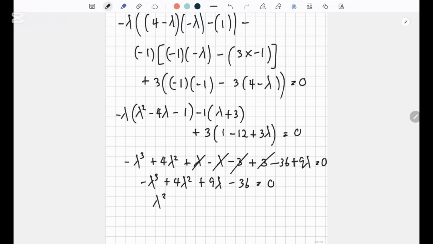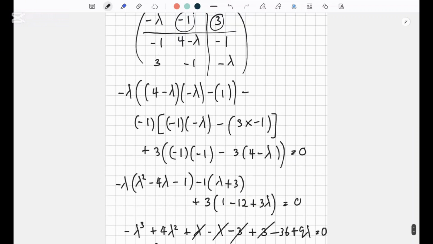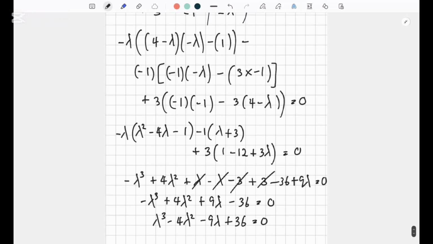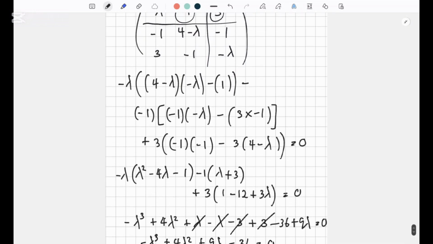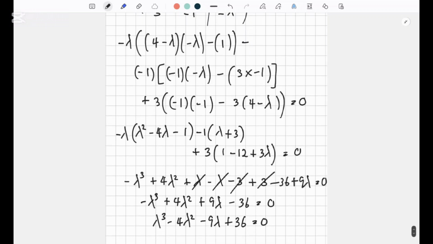So I'm going to take everything over to the other side. Let me just recheck again, because the chances of making mistakes are very high because you have so many brackets and stuff. Oh yeah, I did make a small mistake. So here you can see it's minus into minus 1, right? So this has to be plus 1.